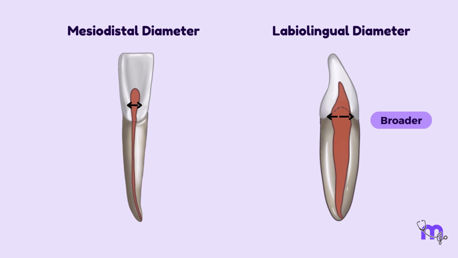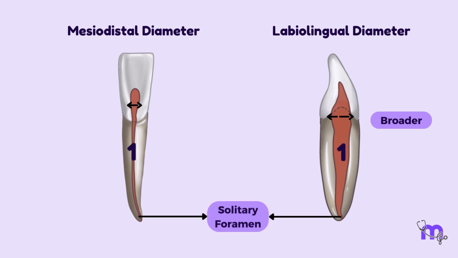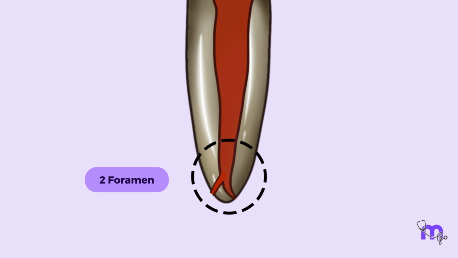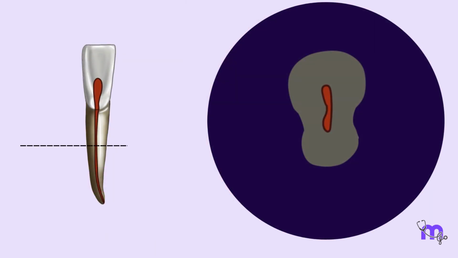The most frequent occurrence is a single canal with a solitary foramen. However, in uncommon instances, the canal may bifurcate labiolingually, ending in two distinct foramina. The cross-sectional shape of the root canal is typically either ovoid or round.